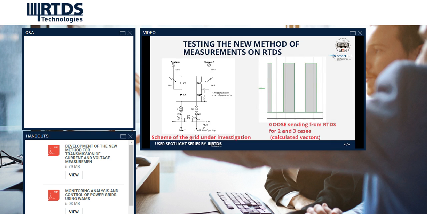Sending of GOOSE messages in normal mode operation is done every 1 second. In this case, the current and voltage phasors are not required for the operation of PAC devices.